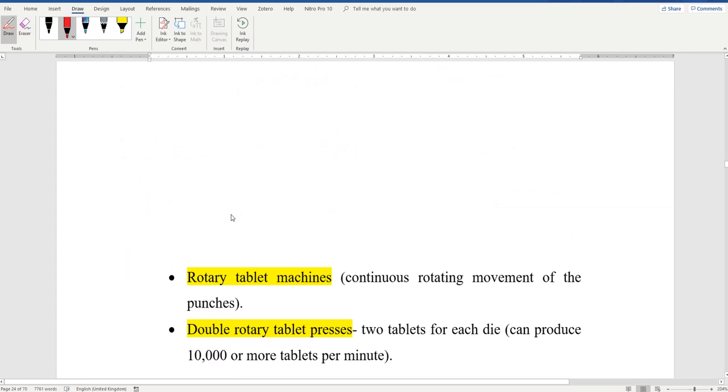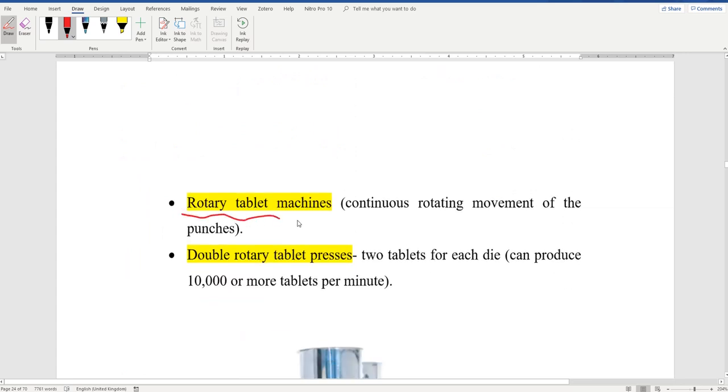In industrial scale, what you have is a rotary tablet machine, or rotary tablet press, or concentric tablet machine. And you have seen this tablet machine when we were talking about multiply compressed tablets, whether multiple layer tablets or tablet within tablet. It consists of several stations of punches. It's not just a pair of punches, one upper, one lower.